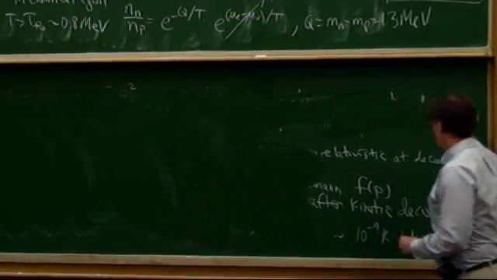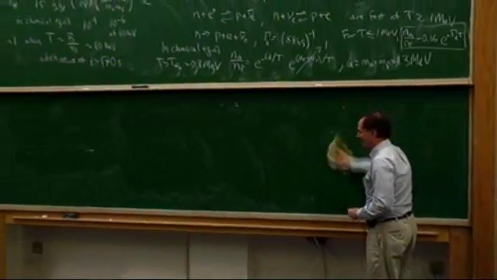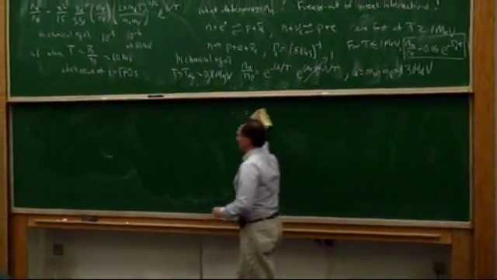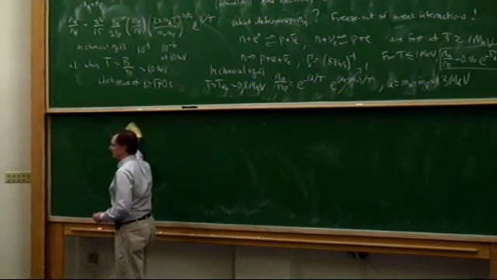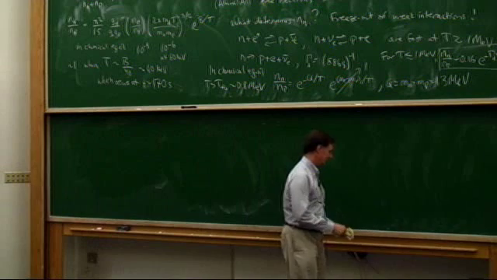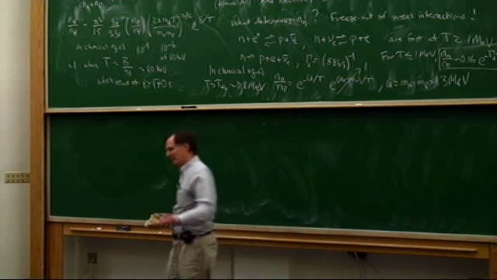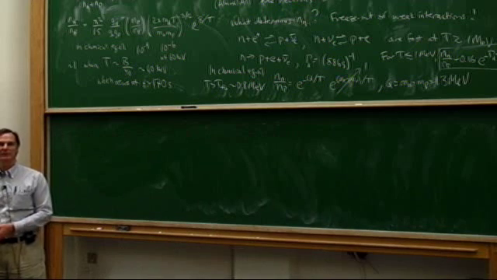I'm not going to be able to talk about hydrogen production in the late universe, which happens not at a temperature of 60 keV, but at a temperature of 0.3 electron volt. People call that recombination. Really should be called first combination of electrons and protons.